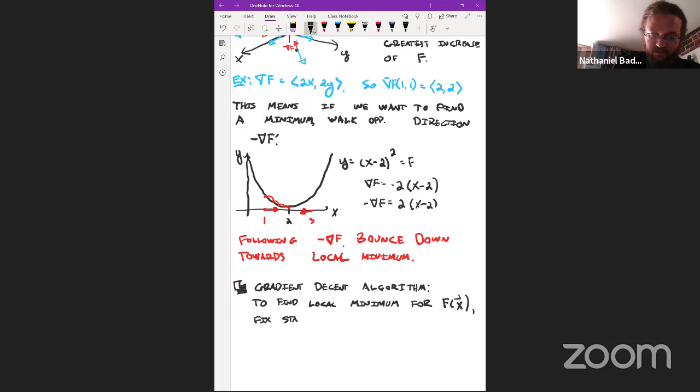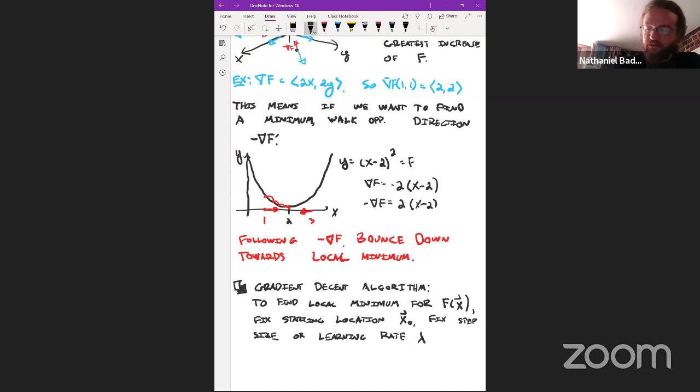fix a start location x naught, and then we're going to fix what's called the learning rate, or the step size. Or learning rate.